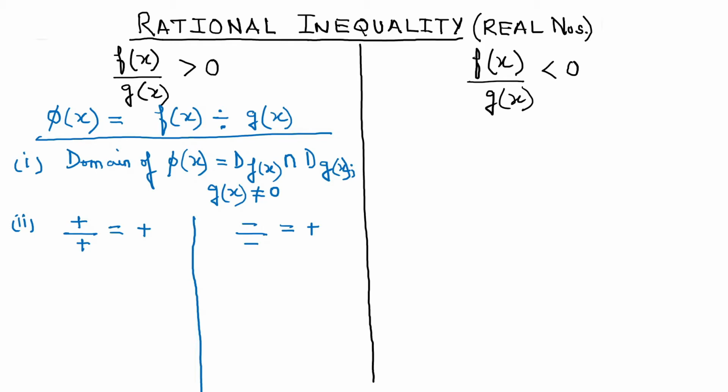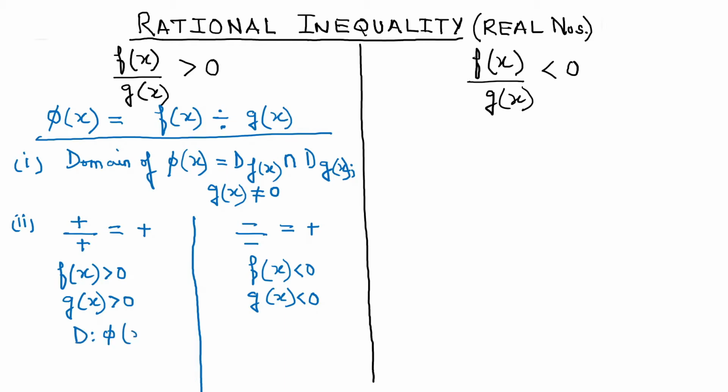One is when the numerator is positive, so you would say that f(x) upon g(x) will be positive only when both of them are positive, or both of them are negative, in intersection with domain of phi(x) in both the cases. So you're taking the domain of phi(x) in both the cases.